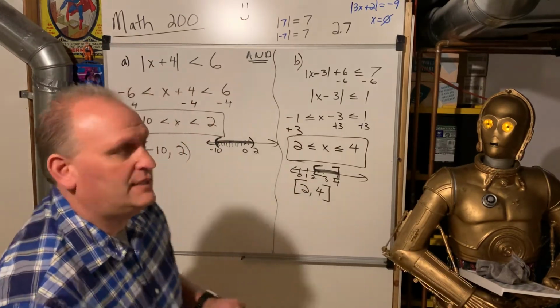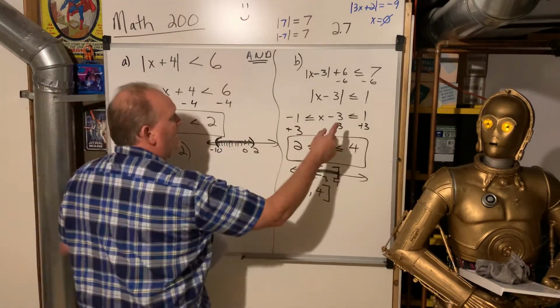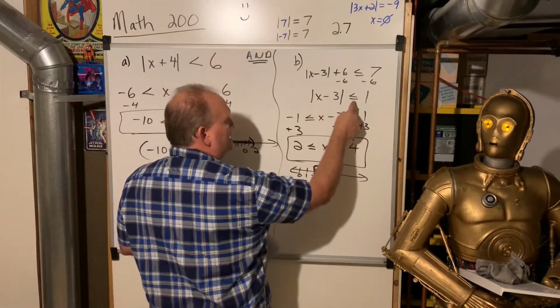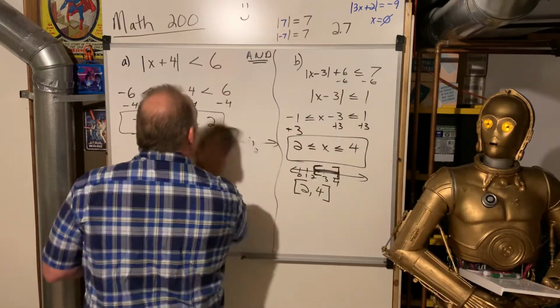Or problems. On the last page, page 18: and problems are absolute value with a less than sign, or problems are absolute values with a greater than sign.